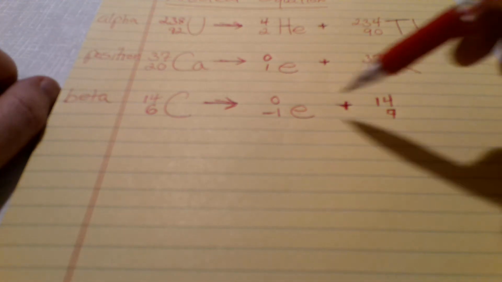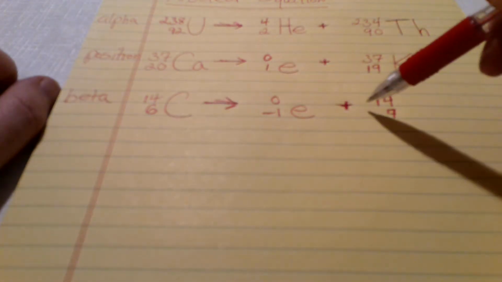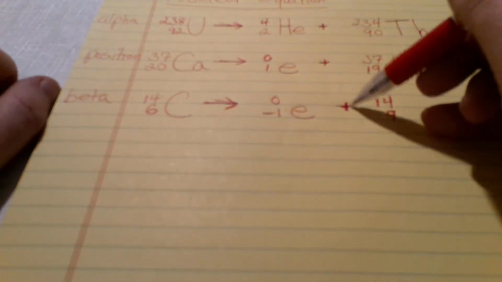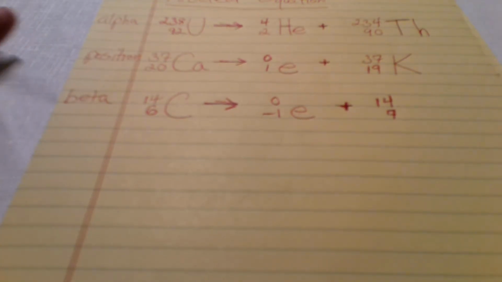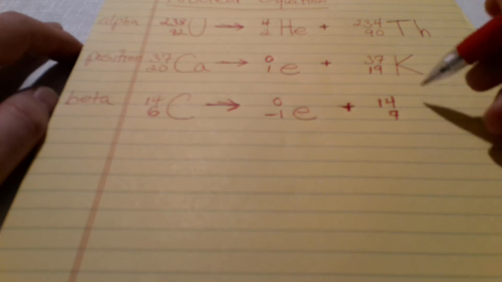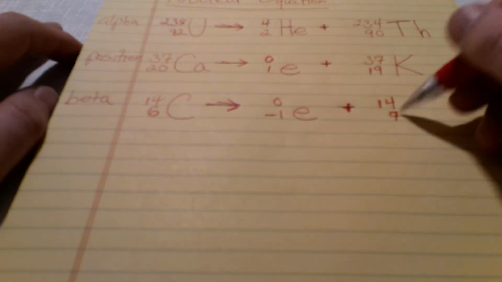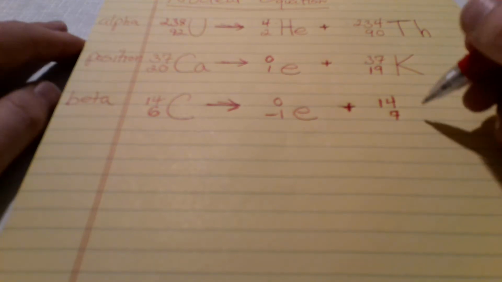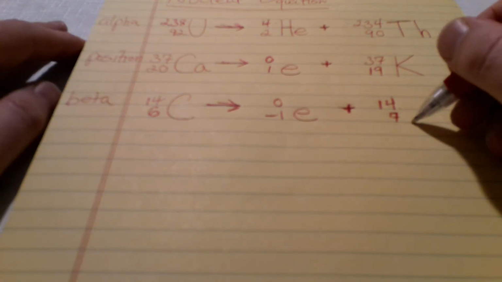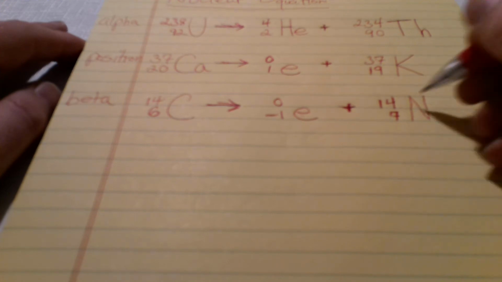Again, just making sure that the numbers on the bottom match and the numbers on the top match. Arrows and equal sign, plus sign, obvious. What we have left over is an element that has a mass of 14 and a charge of 7. According to our periodic table, the atomic number 7 is nitrogen.